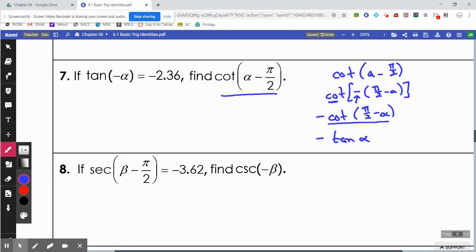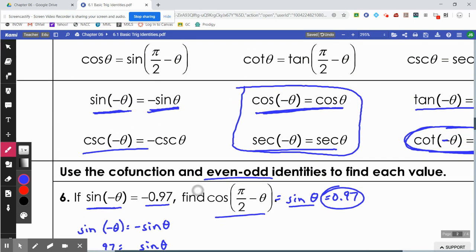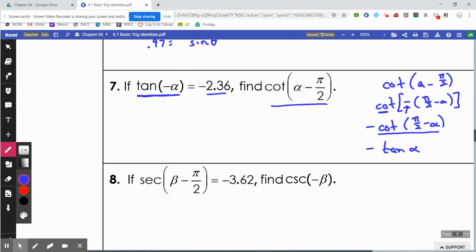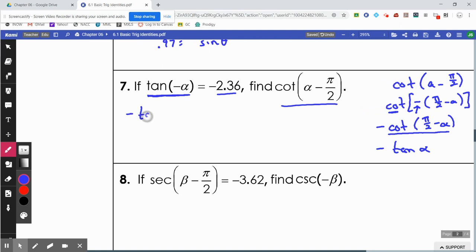So now let's go back over here and work with this sum. I know the tangent of negative alpha is this. So let's go back up to the tangent of a negative angle. Here it is. The tangent of a negative angle, that negative can be brought out front. So I could write that as the negative tangent of alpha equals negative 2.36.